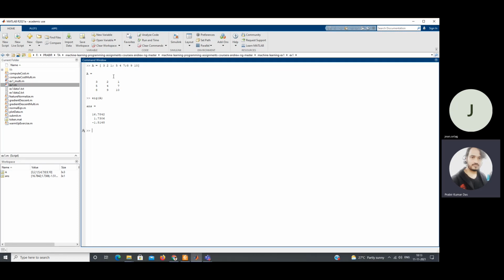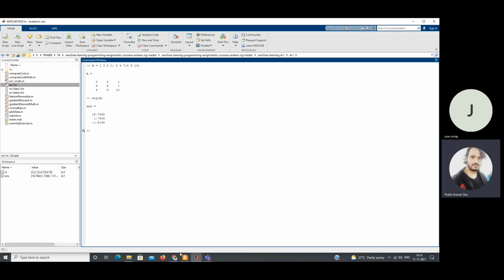Still, you can calculate eigenvalues using this eig function. But we should know what this eigenvalue means. I mean, why there are only 3 eigenvalues.